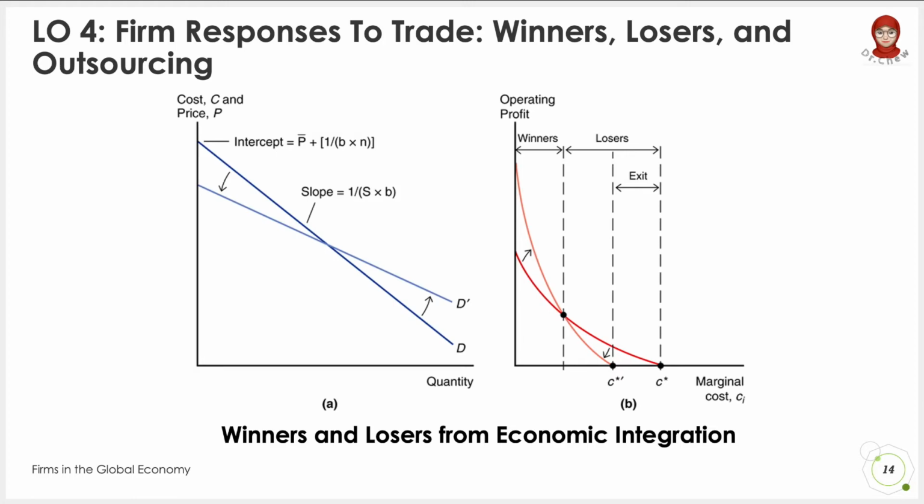These composition changes imply that overall productivity in the industry is increasing as production is concentrated among the more productive, those low-cost firms. All else equal, we expect increased competition and a bigger market size. Hence, the demand curve for all firms changes from D to D apostrophe as shown in Figure A. The effect of the shift in demand on the operating profits of firms results in different marginal costs.